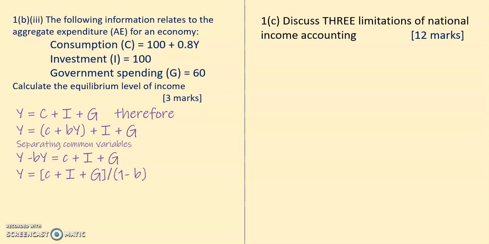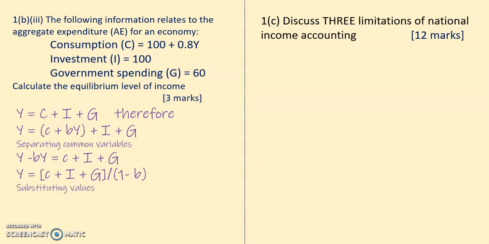So therefore, we can now say that income is small c plus I plus G divided by the marginal propensity to save, because that would be the opposite of the consumption.